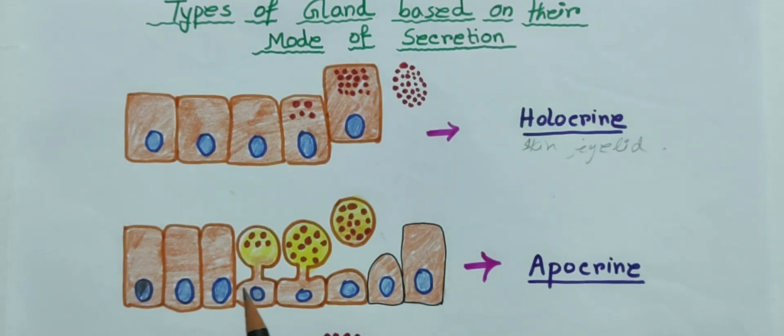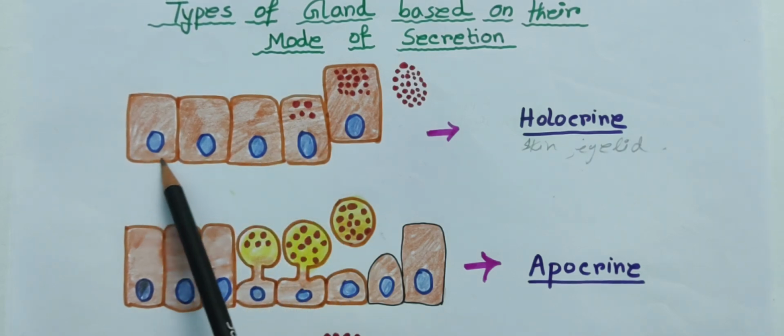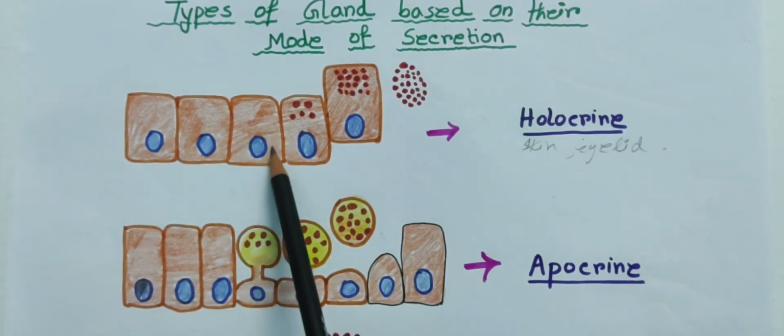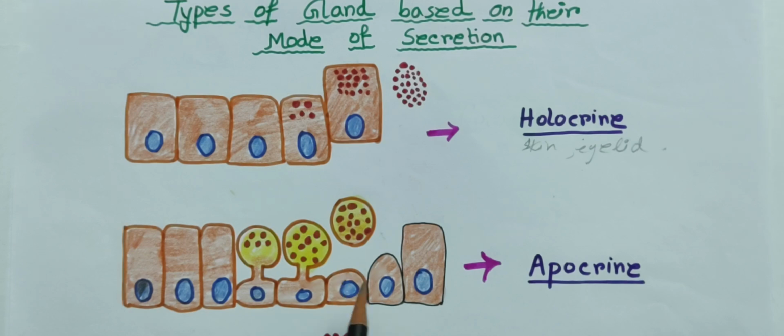Apocrine glands are the glands that pinch off a portion of the cell to release the secretory product. They form a special structure above the cell. Look at one thing: here all the nuclei are present beneath the cell, at the lower side of the cell. Now in the apocrine gland, what happens? They form a special structure that contains all their secretions, and then it is detached from the cell.